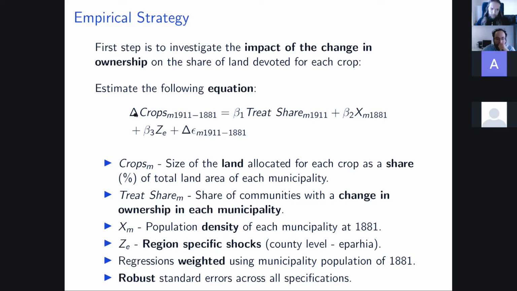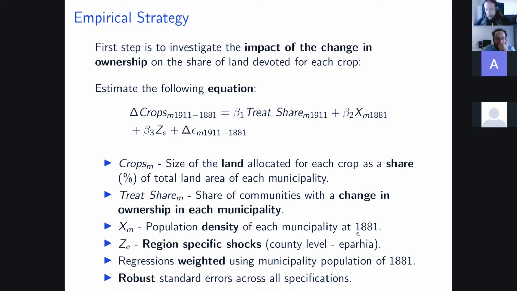So again, for every crop, it's the size of land allocated for each crop as a share of total land area for a municipality. We have the treatment share, which is the share of land of communities with a change in ownership in the municipality, so those that were treated. We do control for population density in each municipality. We have region-specific shocks, and all regressions are weighted using the municipality population of 1881.